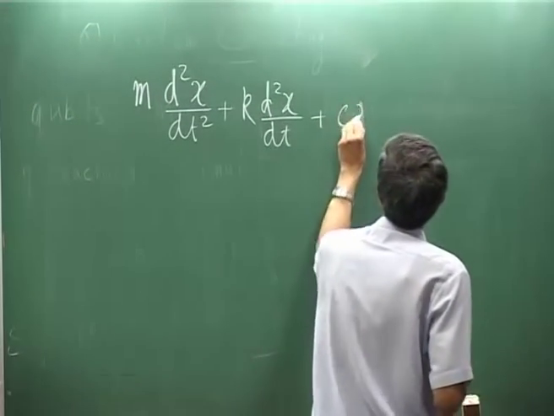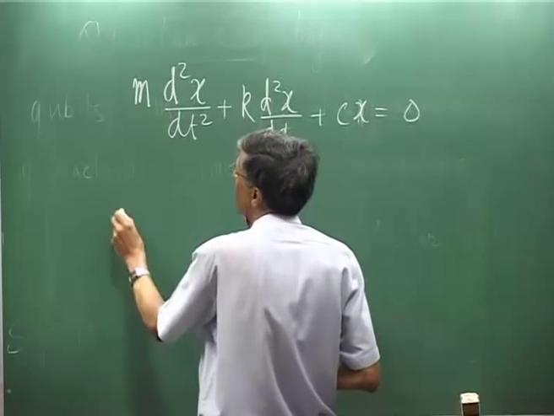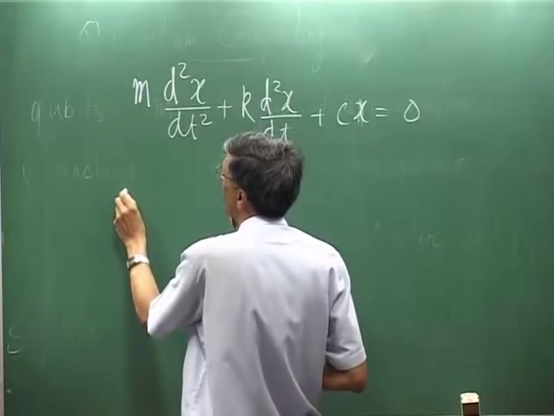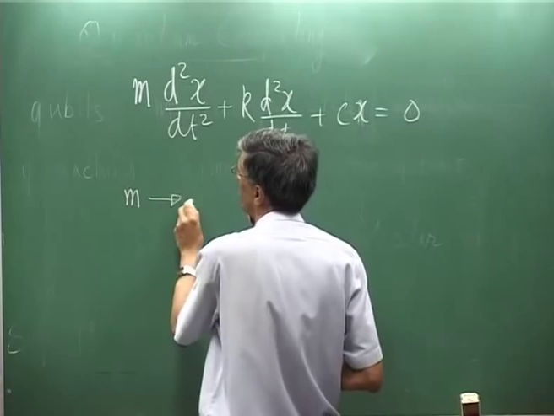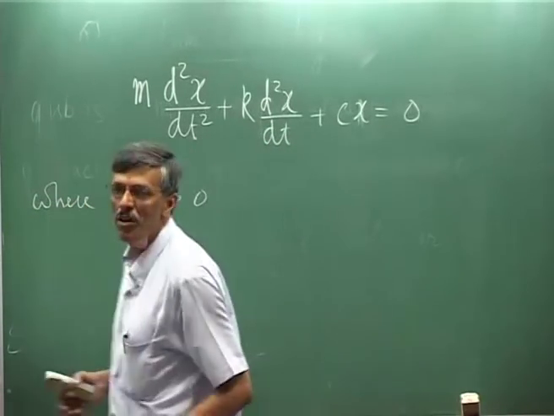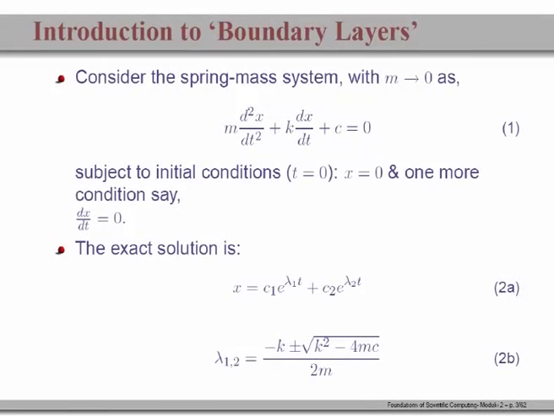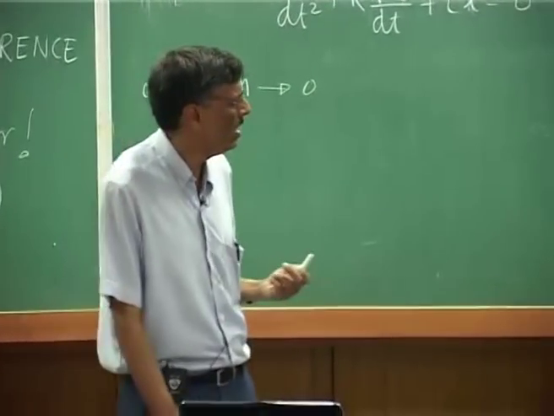But there is a twist in the tail here, that we are considering the system where m goes to 0. Of course, if m is a regular quantity, then if I simply take a basic solution as e to the power lambda t, this will yield a quadratic.